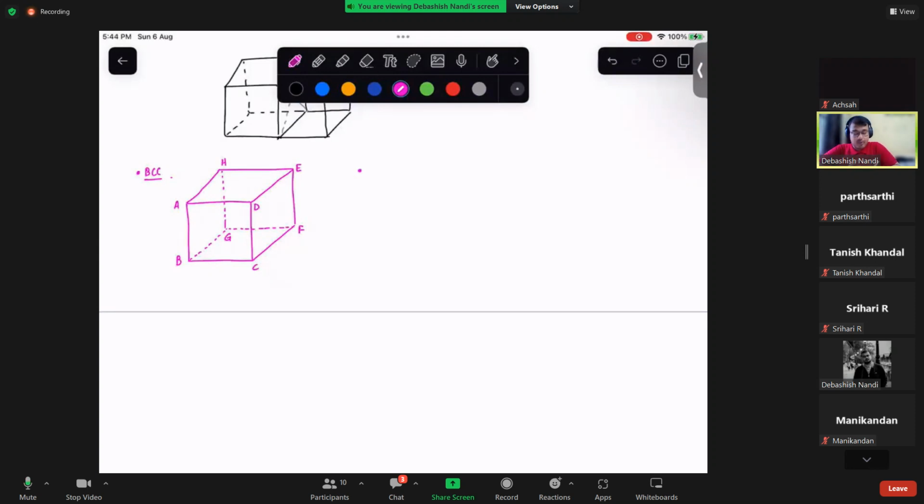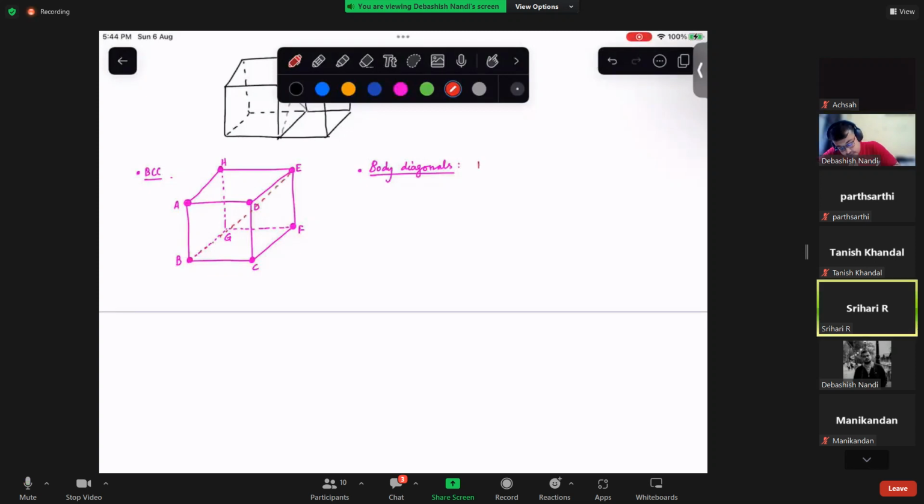First of all, there will be 8 atoms at the corners because this is also cubic in nature. Anyone can unmute and please tell me what the body diagonals of this cube are. BE is a body diagonal.